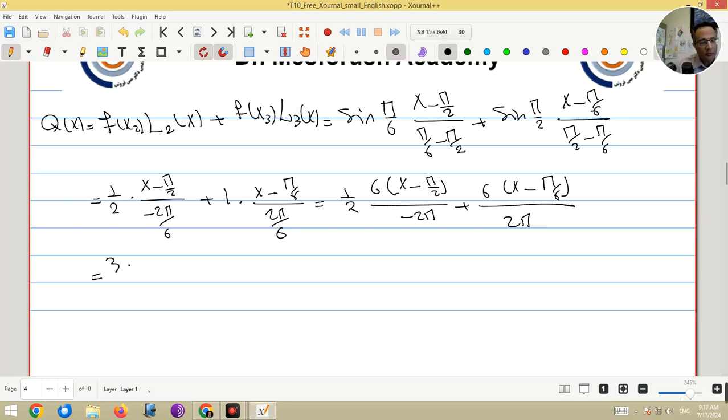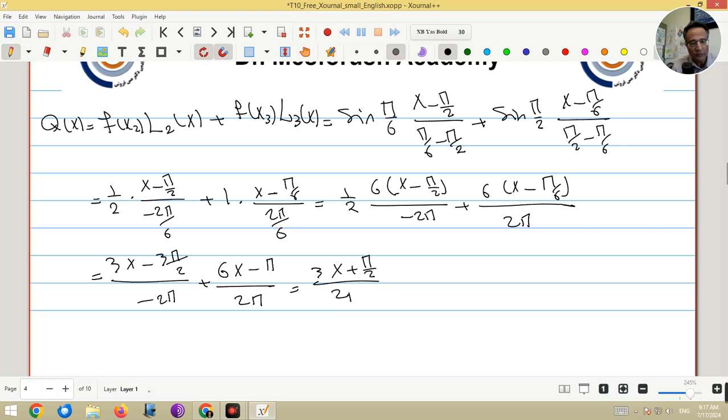This is equal to (3x minus 3π over 2) over minus 2π, plus (6x minus π) over 2π. If you simplify these two, it will be (3x plus π over 2) over 2π, and we can write it in this form: 3 over 2π times x plus 1 over 4.